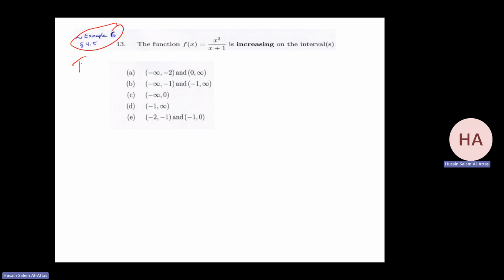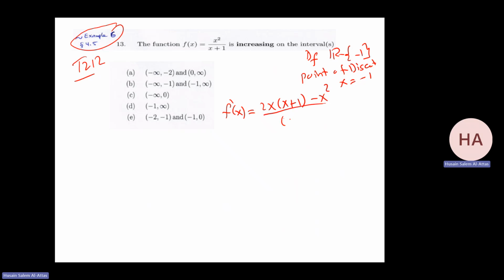This is term 212. Okay, so the domain is real numbers except minus 1, point of discontinuity, x equals minus 1. So I'll find f prime: 2x times x plus 1 minus x squared over x plus 1 squared.